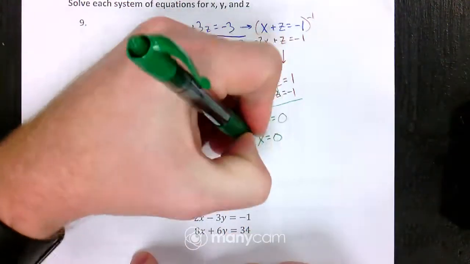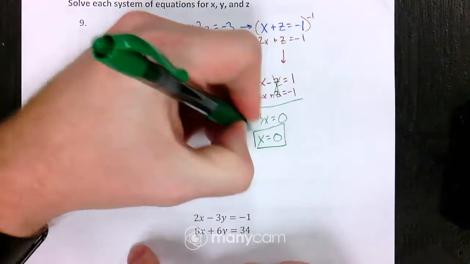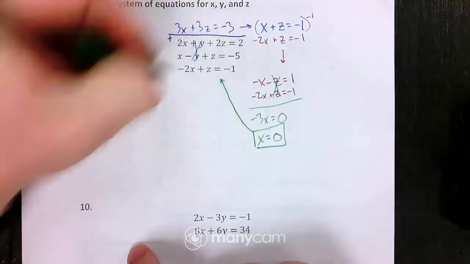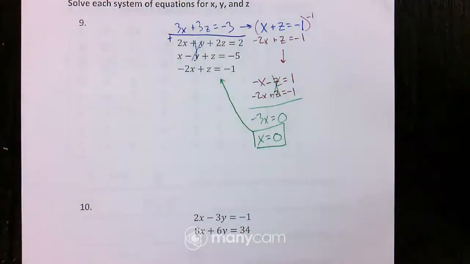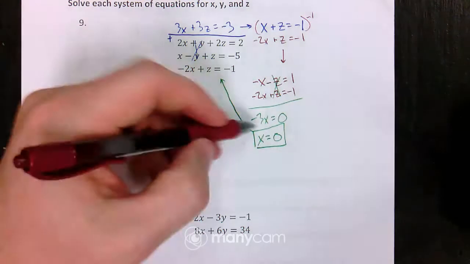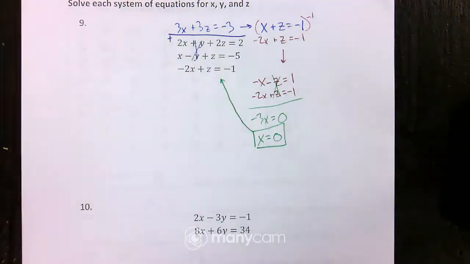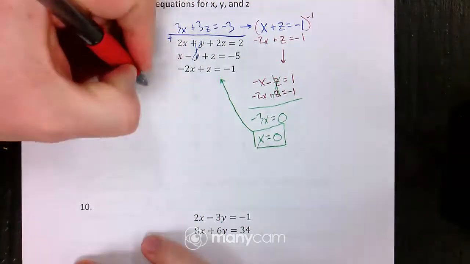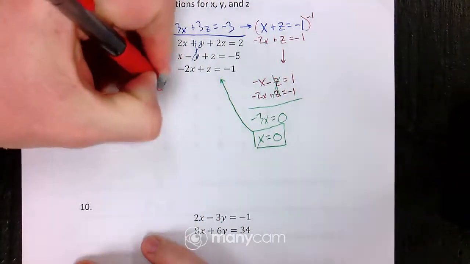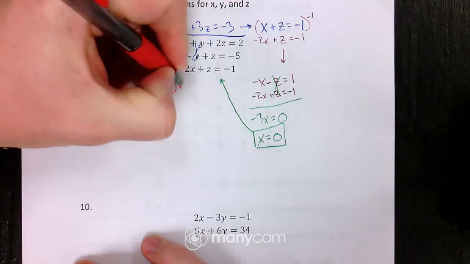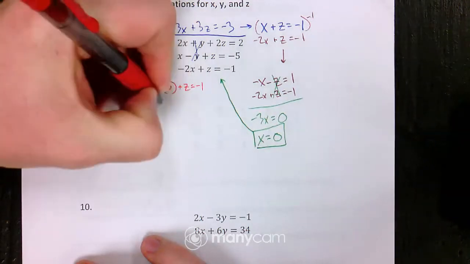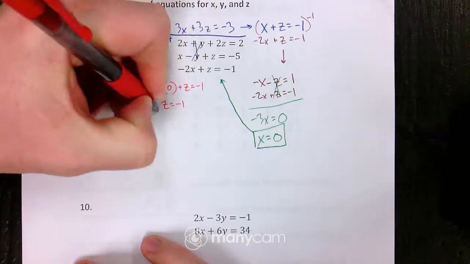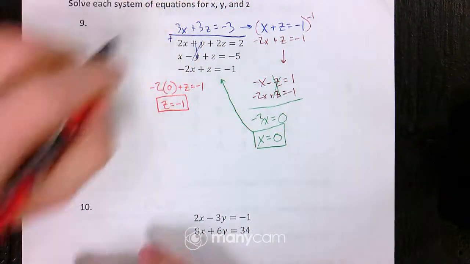So x equals 0. Now I take that and plug it back in here, okay? Or I could plug it back in too, but I'll plug it in here. Let's walk through it: negative 2 times 0 plus z equals negative 1, so that's z equals negative 1.